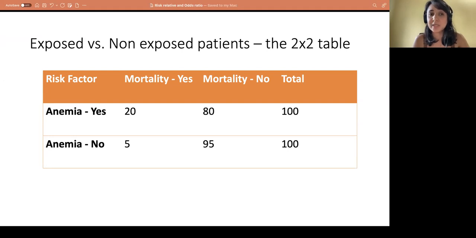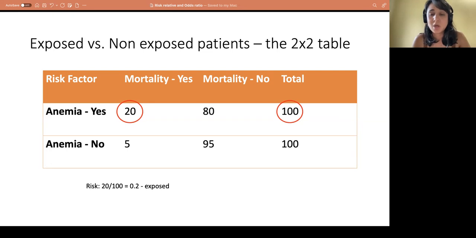So to calculate the risk of dying in the group exposed to anemia, we will use 20, the number of patients that died, divided by 100. Why? Because 100 was the total population at risk in the exposed group. The risk in this case will be 20 divided by 100, meaning a 20% risk of dying in the group exposed to anemia.